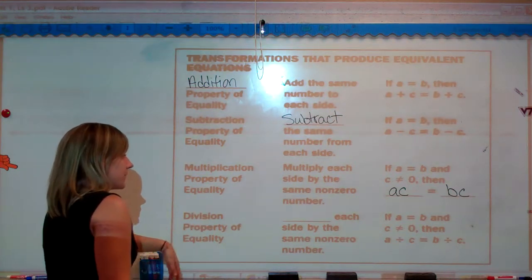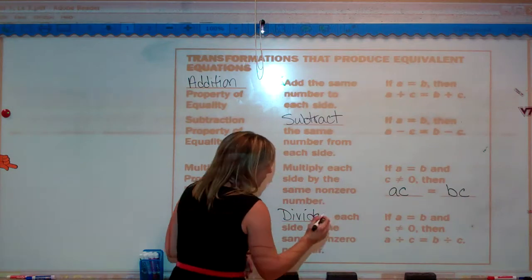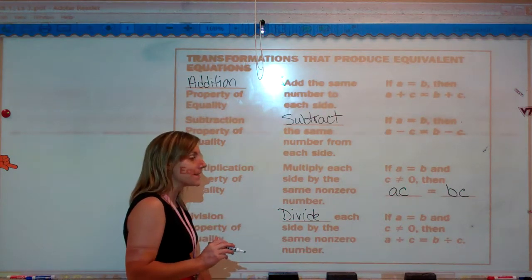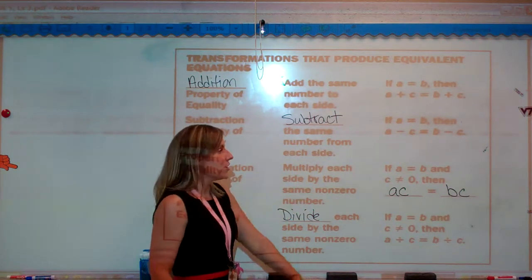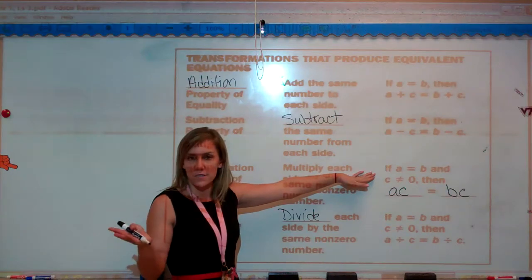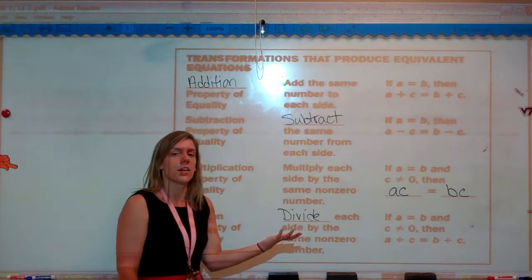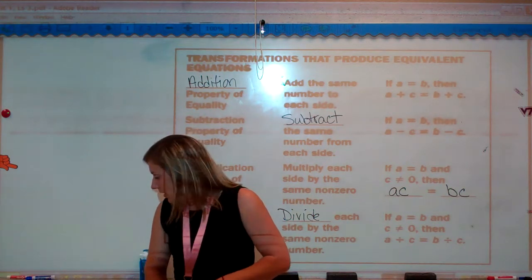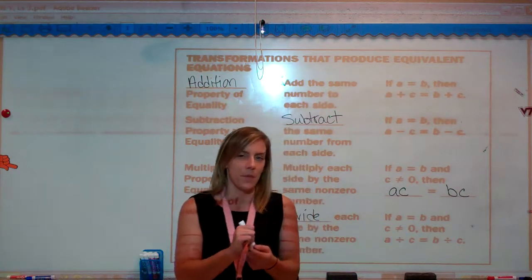Same thing with division. So the division property, I have to divide each side by the same number. And again, it can't be 0 because you can't divide by 0. Those are just little rules about math that you guys know, if you multiply by 0, it would cancel everything out. You guys know you can't divide by 0. So those are just little things just to stay true in these definitions, okay? All right, so now we're going to flip the page and we're going to work on some of these. It's going to seem probably easier to you.